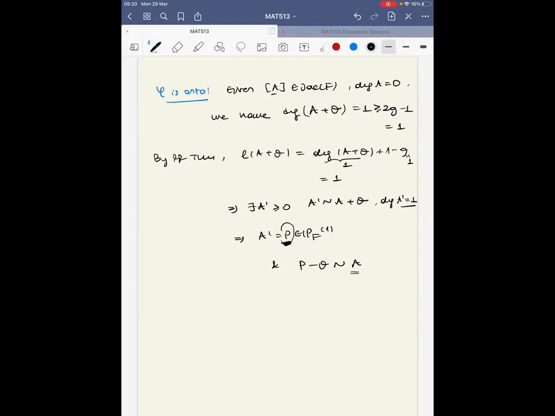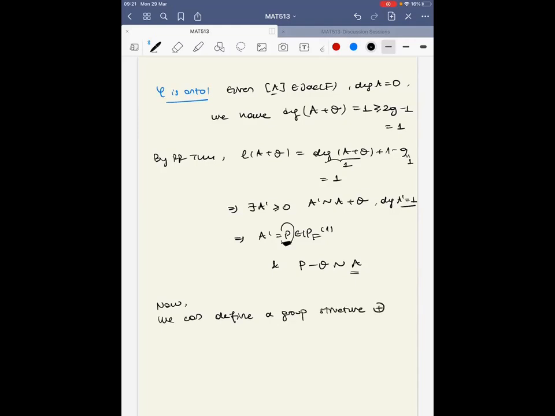Now, thanks to this correspondence, we can endow the set of rational places with addition. That means we can define a group structure.